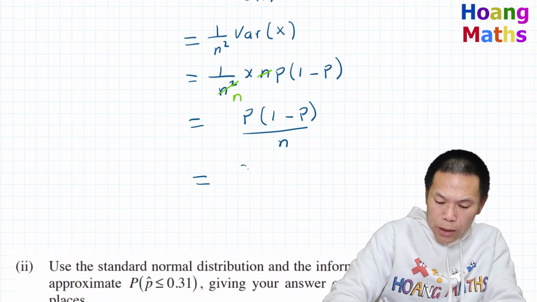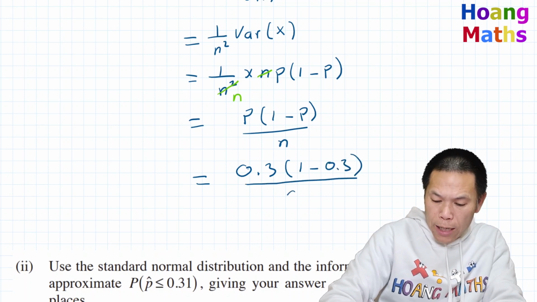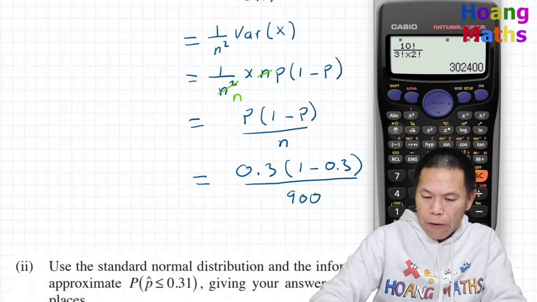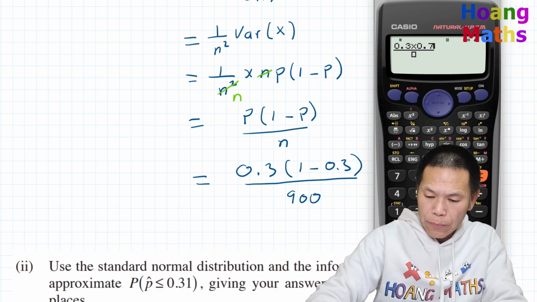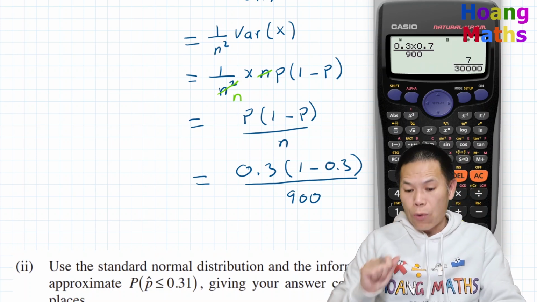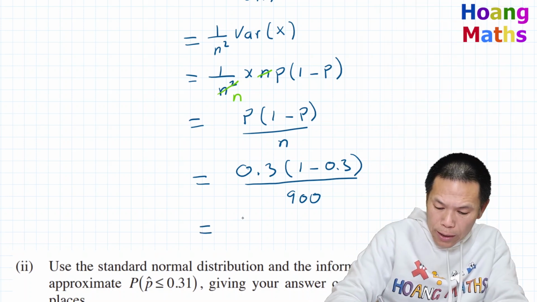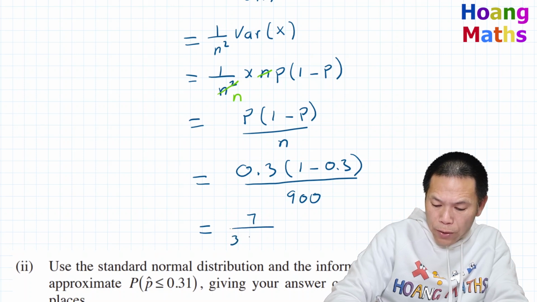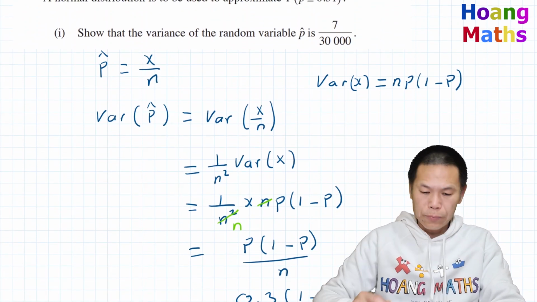So that will give me 0.3 times (1 minus 0.3) divided by 900. So 0.3 times 0.7, because 1 minus 0.3 gives me 0.7, divided by 900. So there you go, 7 over 30,000.